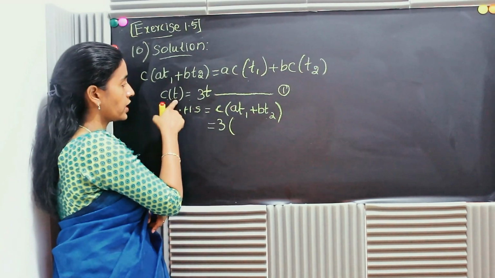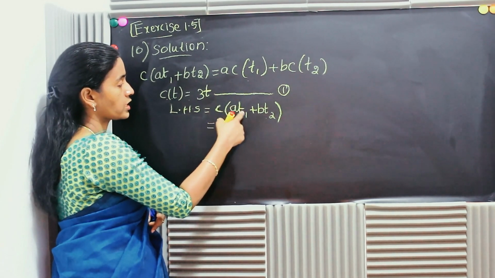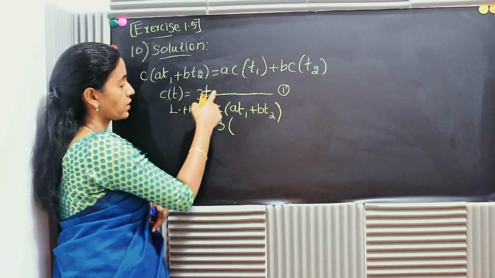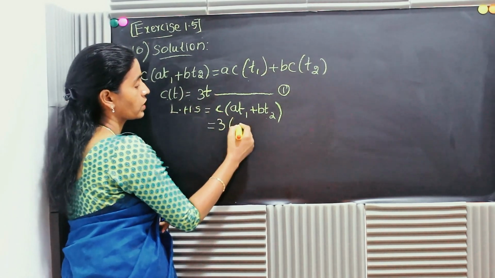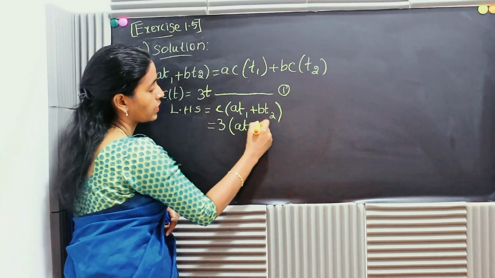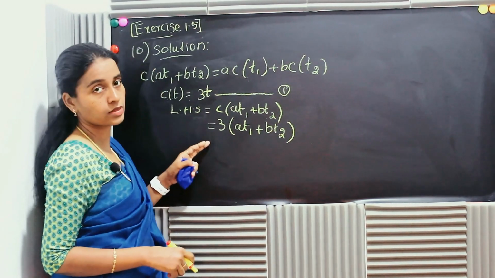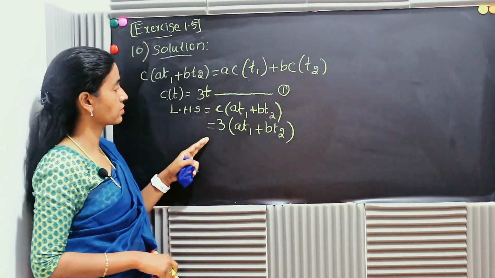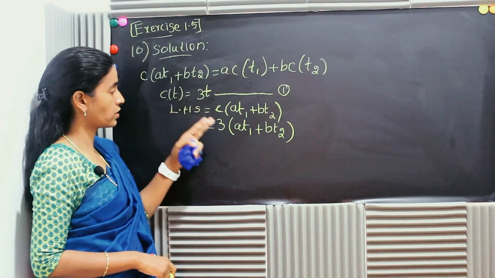Instead of t only, we are having this, a t1 plus b t2. So according to this equation, we can write 3 of (a t1 plus b t2). Right? We can write like this.